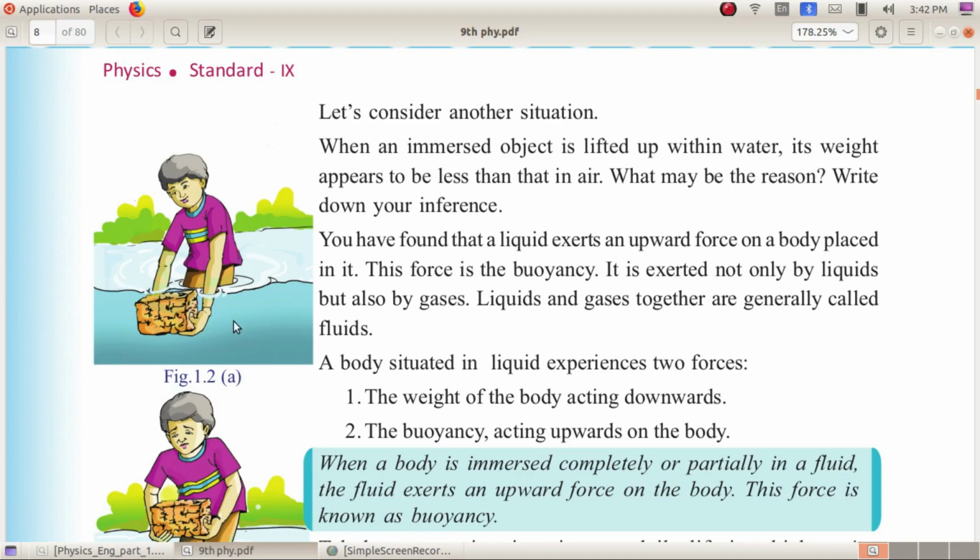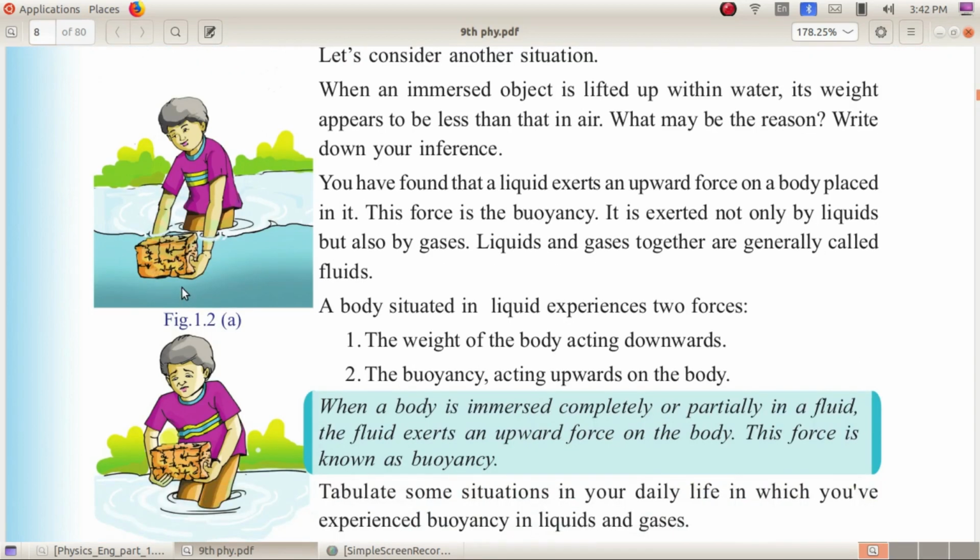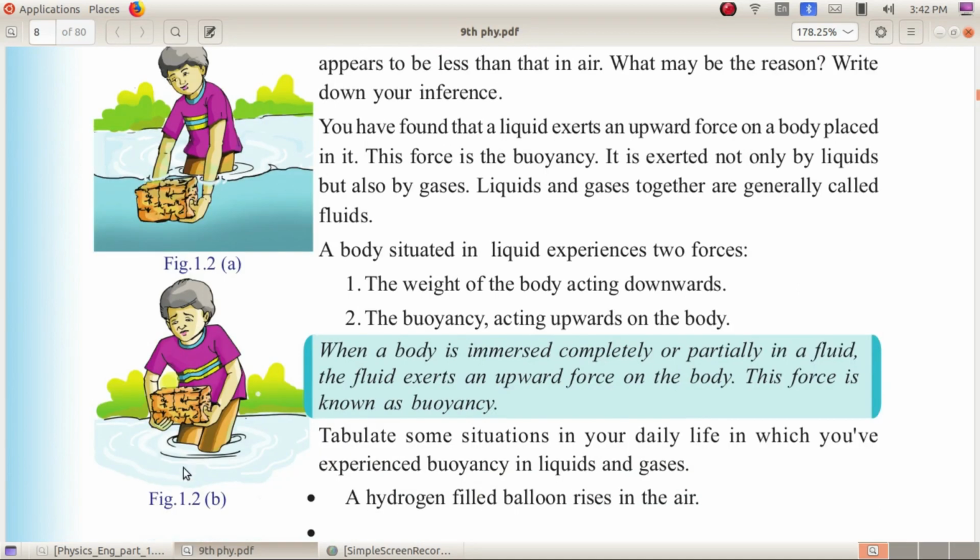When the brick is inside the water, he feels very little weight, or he lifts it with ease. When the brick is outside the water, that means when the brick is in air, it is very tough for him to hold it. It is very heavy for him. What is the reason? The same boy, the same brick, but inside the water he feels less weight and outside the water he feels more weight.